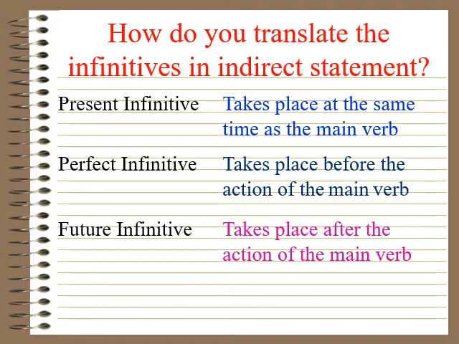You use the perfect infinitive if you want it to take place before the main verb, and the future infinitive to take place after the main action of the verb. Now, these could be any voice, active or passive, but mostly it's going to be active, because passive is a lot of hairiness.